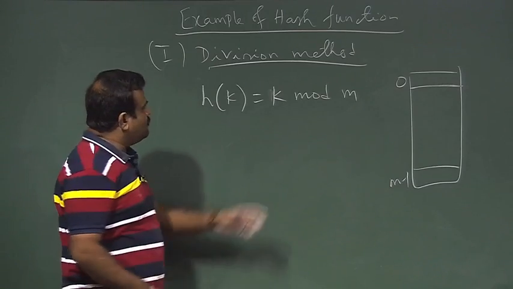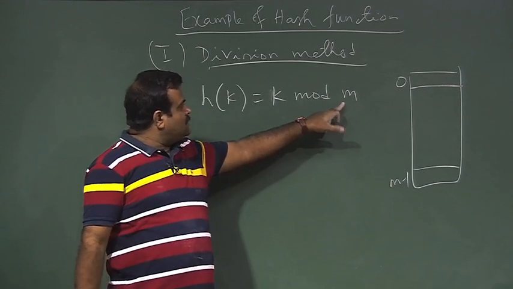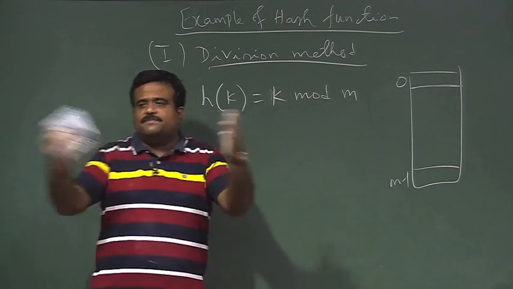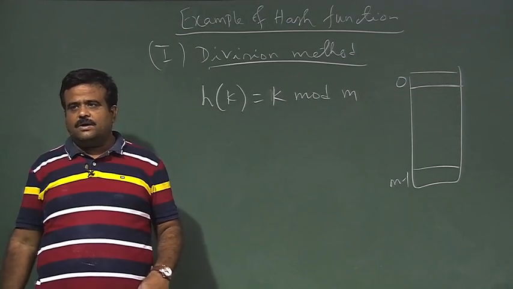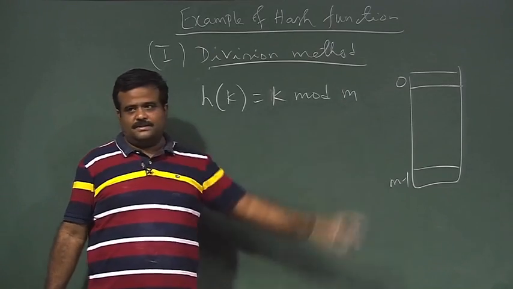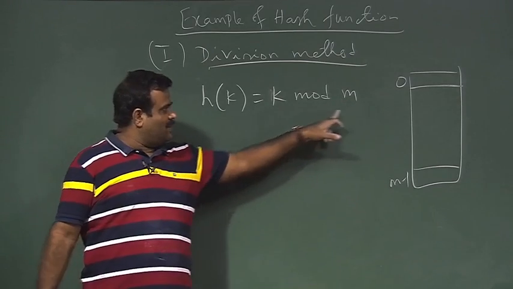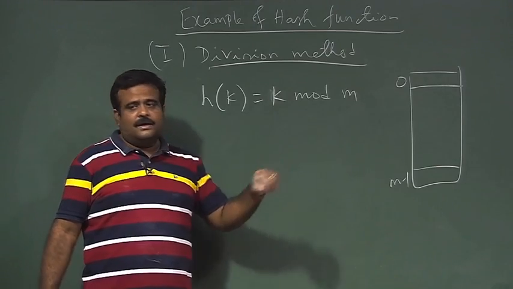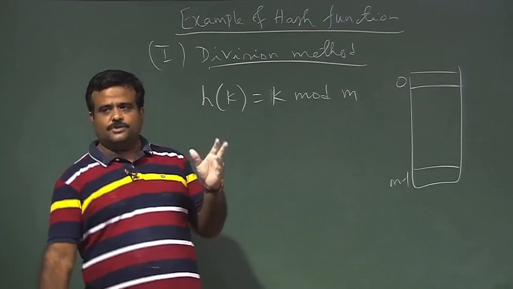If we take the mod, it means we divide k by m. The key k could be any big integer. We divide it by m, and this is the remainder, and this remainder will be from 0 to m minus 1.